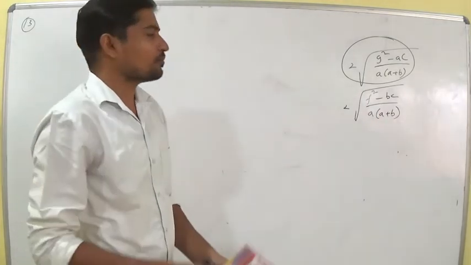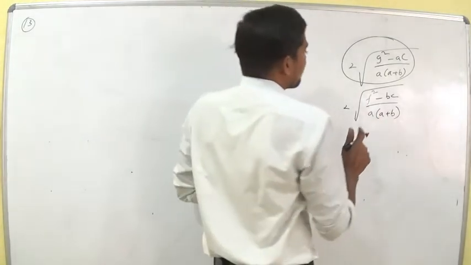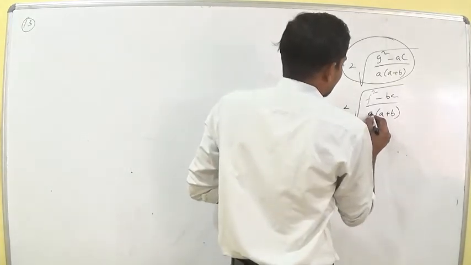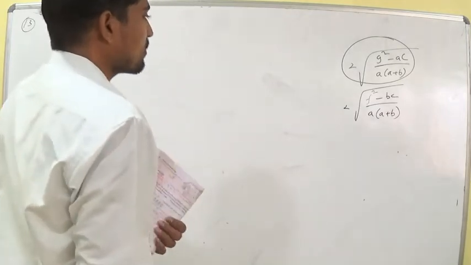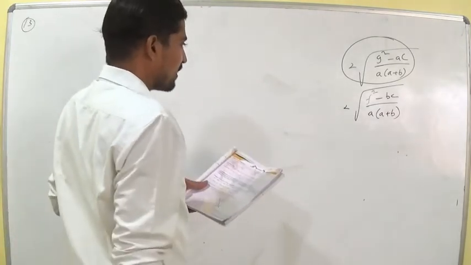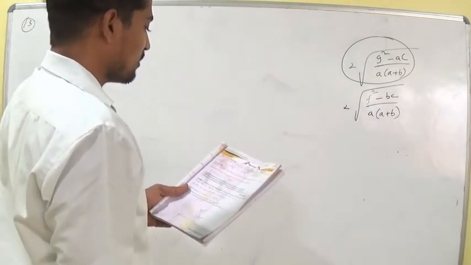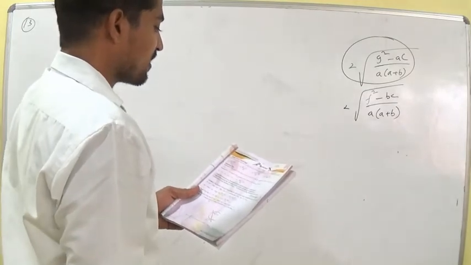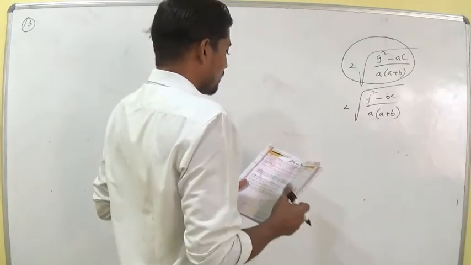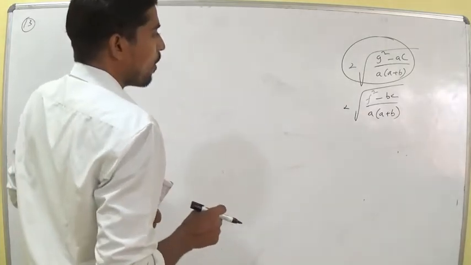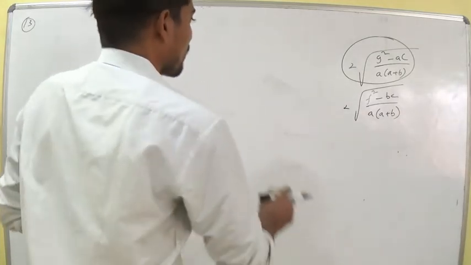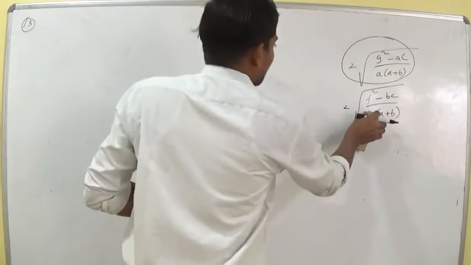Here also a into (a plus b) is, which becomes here the distance between which intersects a pair of lines is not a.